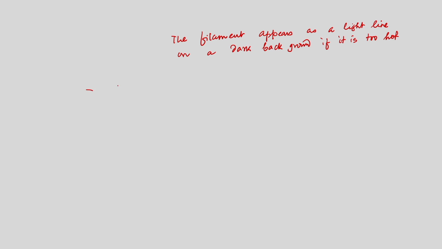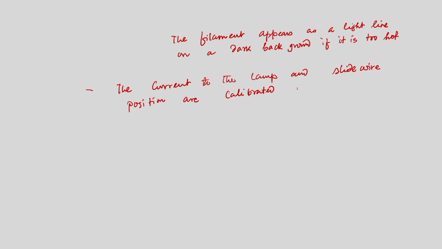So, the current to the filament, the current to the lamp, and the slide wire position are calibrated, as I mentioned in the schematic, directly in temperature, thus allowing a measurement of temperature.